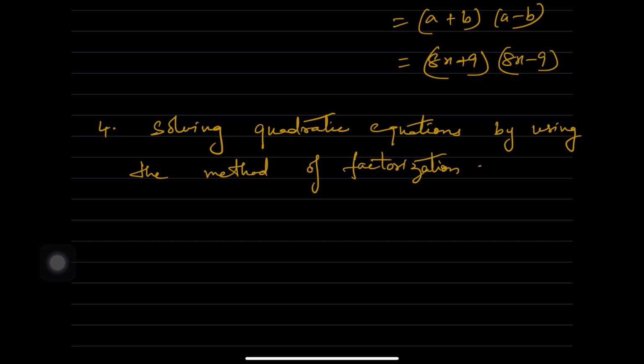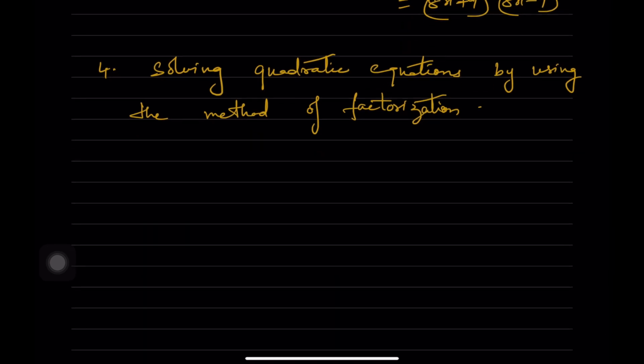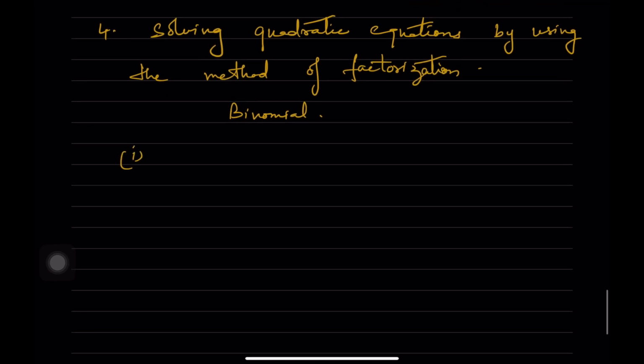So first, for a binomial how do we do it, then for a trinomial how do we do it, we'll just see. For a binomial, I'm just taking one example. You can follow many examples in this way. I'm using one example only.